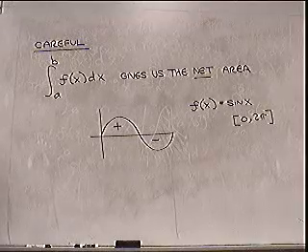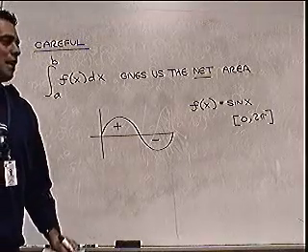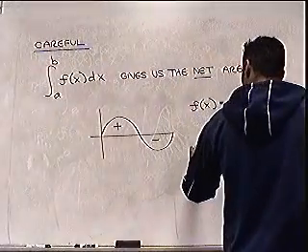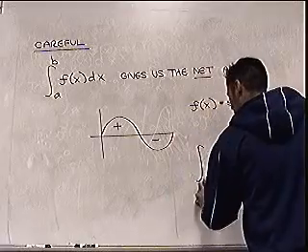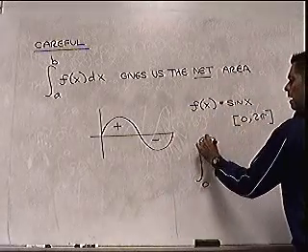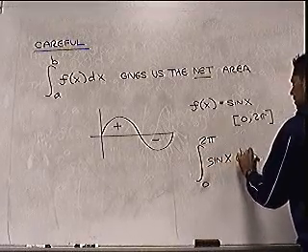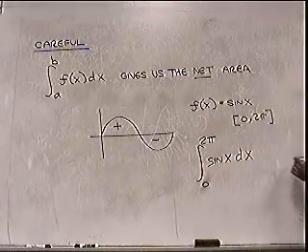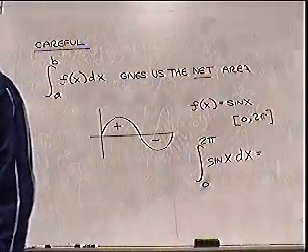Now let's try and connect that with the antiderivative that we've done already in a couple of examples. Last class, and we're going to spend almost all of today doing what I'm about to do right now. If I want to go from 0 to 2 pi of sine x dx, I said last class that what we need to do is find an antiderivative of sine x, right?